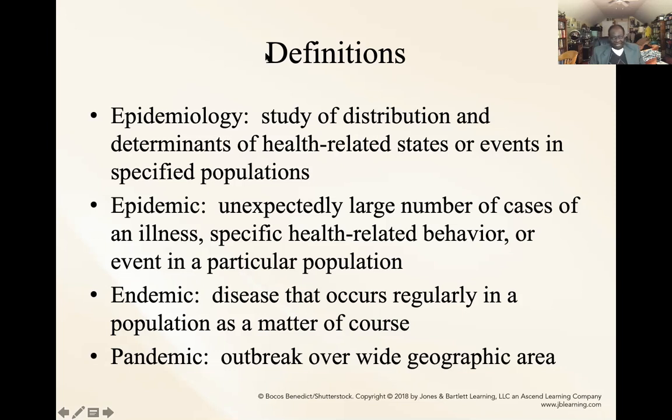Endemic, this is a disease that occurs regularly in a population as a matter of course. Now, usually in the fall, people are expected to take the flu vaccine, especially when they are at a certain age. And so the flu can be endemic.